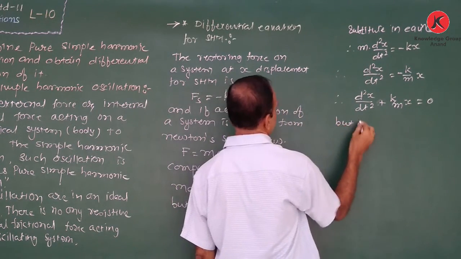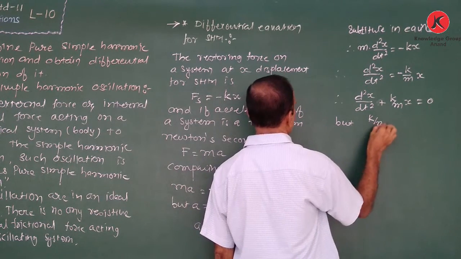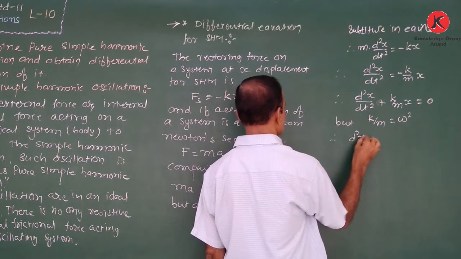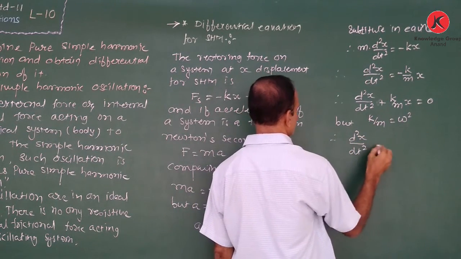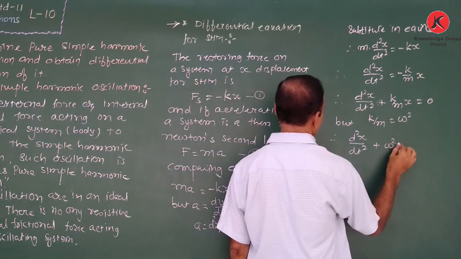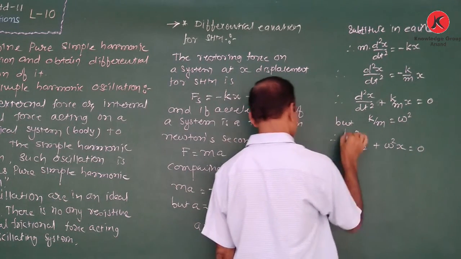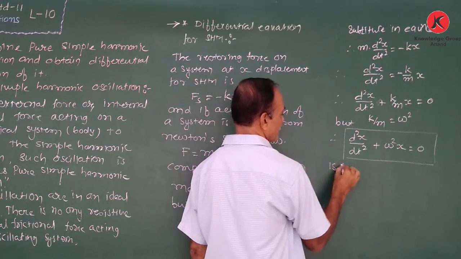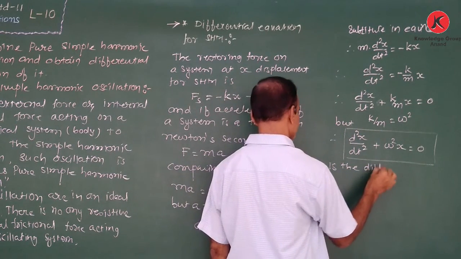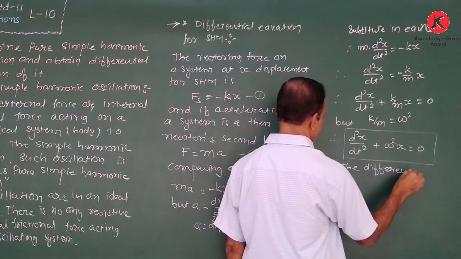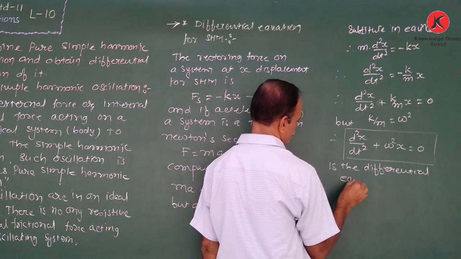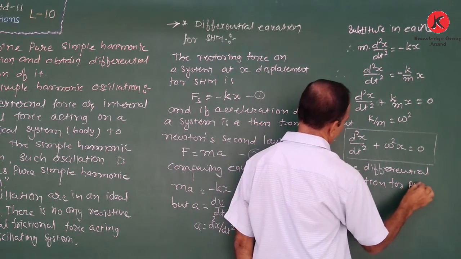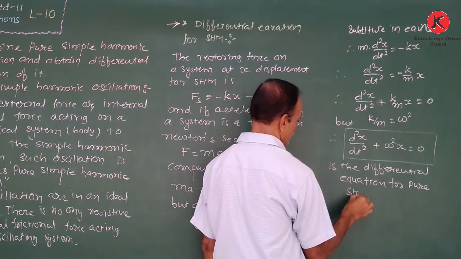But we know that k upon m is equal to omega squared. Therefore, d squared x upon dt squared plus omega squared x is equal to 0. This is the differential equation for pure simple harmonic motion.